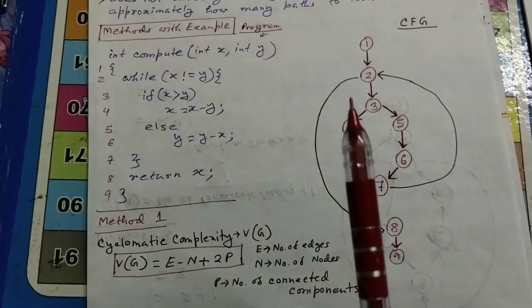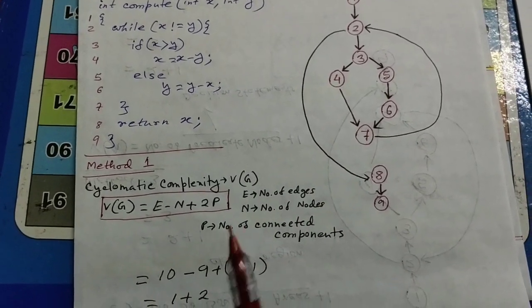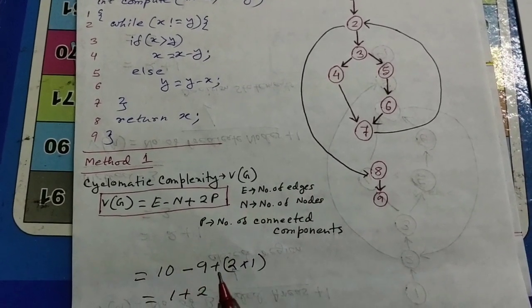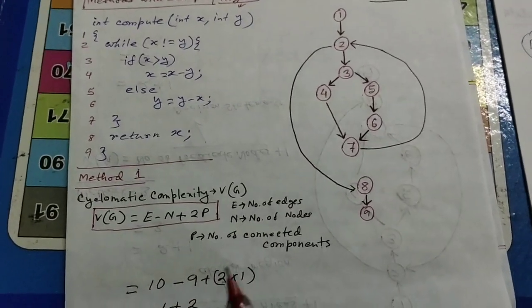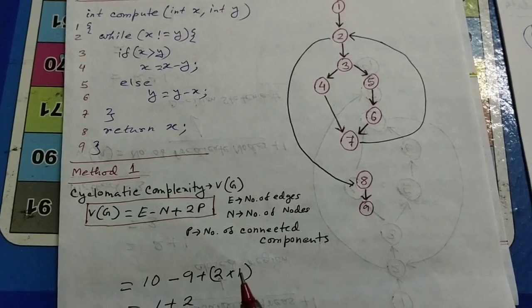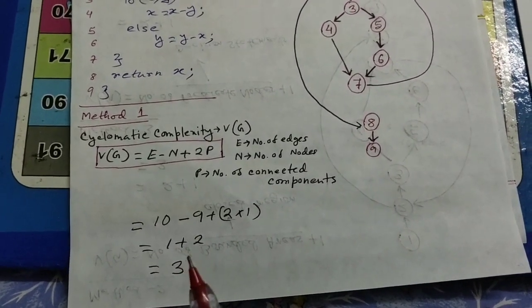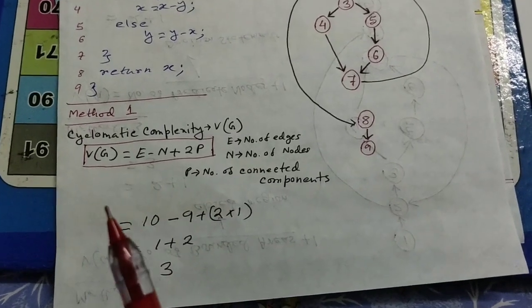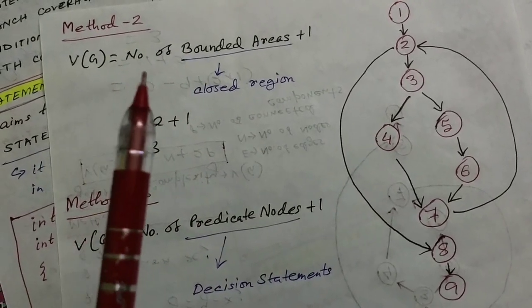Here, as we can see in this graph, there is only one connected component, so it is 1 only. So as we have got the values, E is 10, N is 9, number of edges and number of nodes, and P is 1, so we are getting 3 as the value of Vg, right?